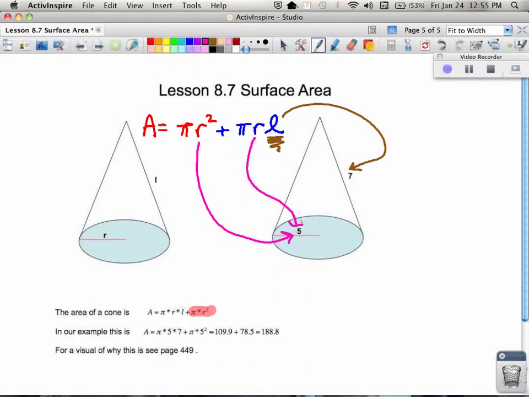So if I were doing our example that we see right here, translating what's happening, I would have pi times 5 squared plus pi times 5 times 7. And in the end, when I multiply that all out and add it, I would get a grand total of roughly 188.8.